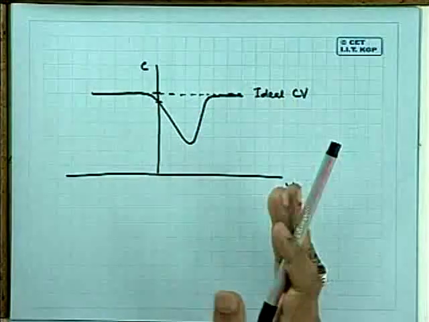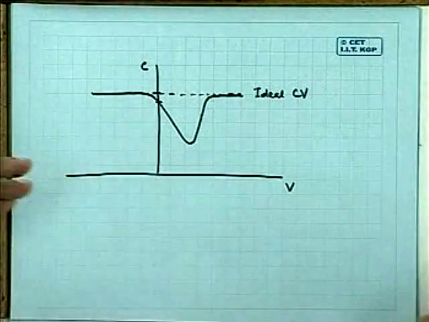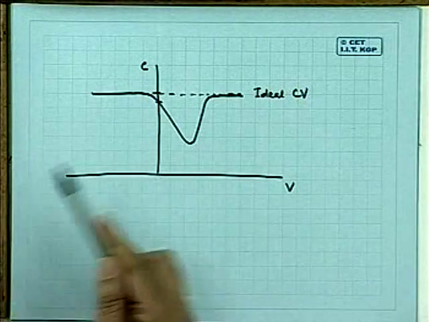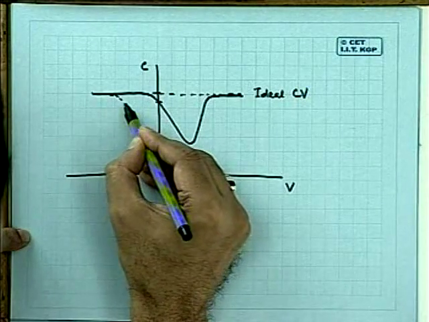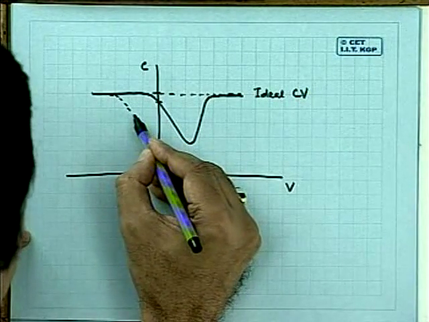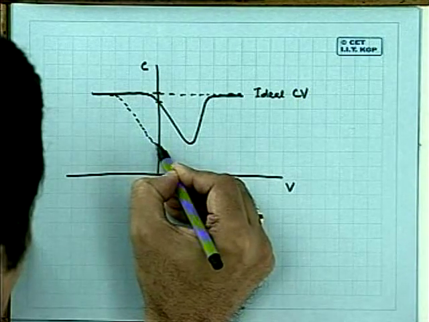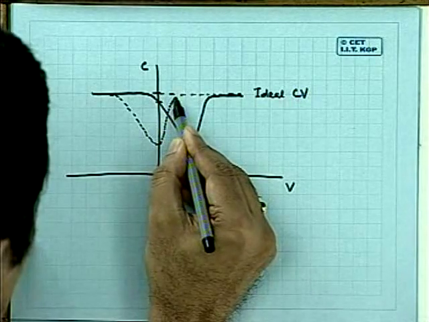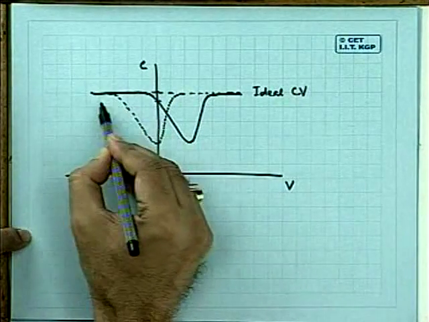So effectively my actual curve is shifted now. Let me draw it like this. The curve is expected to be as if this whole thing now shifted.